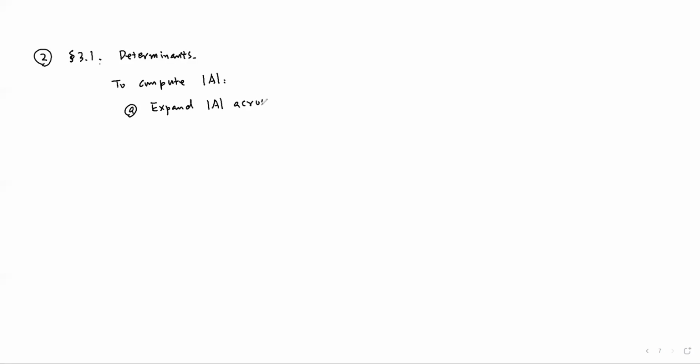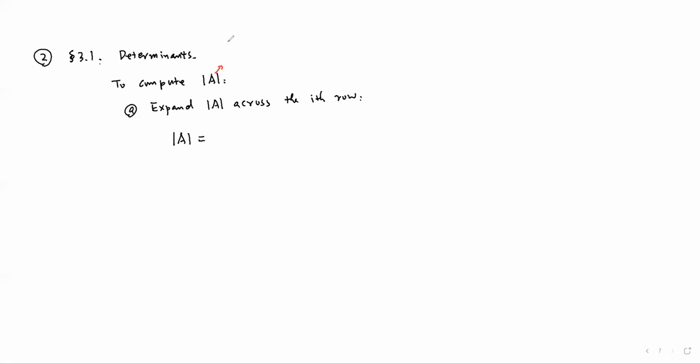across any row, say the ith row. The formula is this. The determinant is equal to an expansion along the ith row of matrix A. Here I assume A is a square matrix.